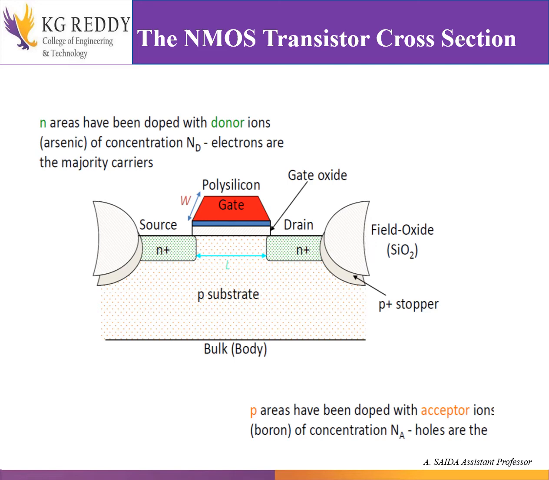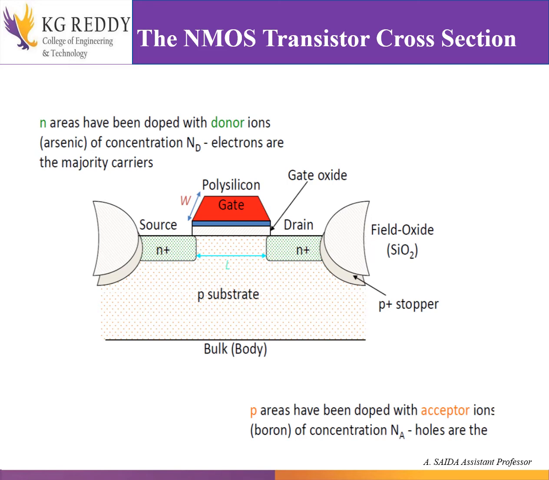Before that, we need to study what the channel is, how the transportation of electrons in the channel takes part, and what voltages are needed to conduct. So those points we will be going through today.